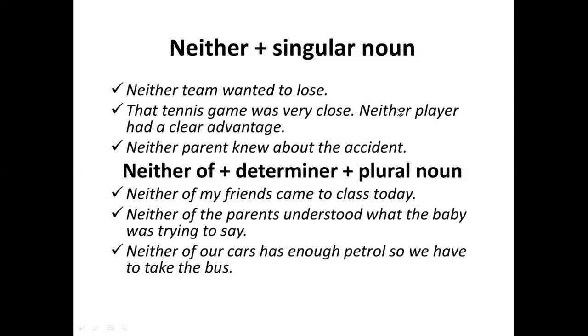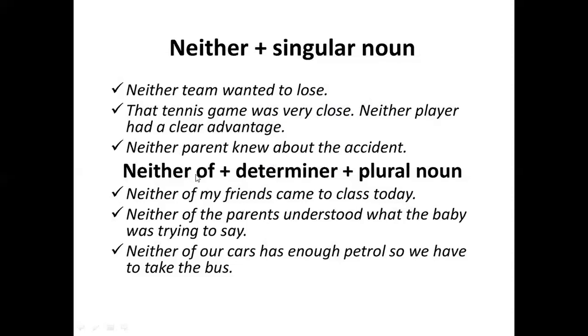But the big difference is that we are using neither just with singular nouns, when you're referring to a specific person or a specific thing. So like this, neither player had a clear advantage. And this is another example: neither parent knew about the accident. You can say no parent knew about the accident.